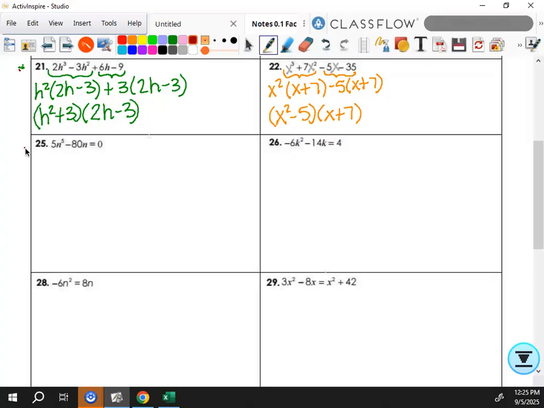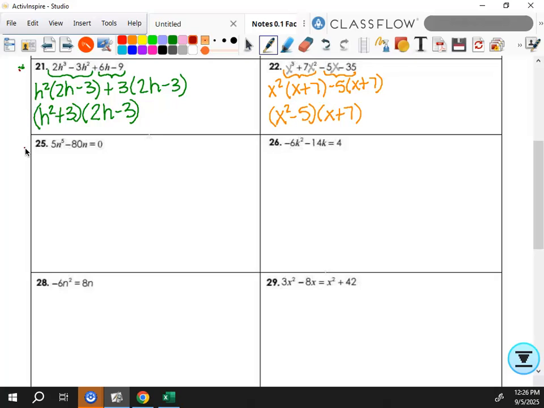If you had done all this, and then kept going and put 2h minus 3 equals 0, and then got h equals 3/2, you're totally wrong, because you can't solve it, because it's not even an equation. You've got to know when to stop and when to go farther. Just because it's an equation, maybe the directions are just factor it. But if it says solve it, then we've got to know what that means as well.